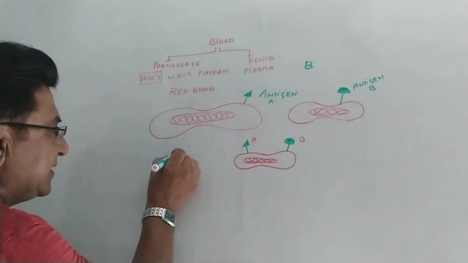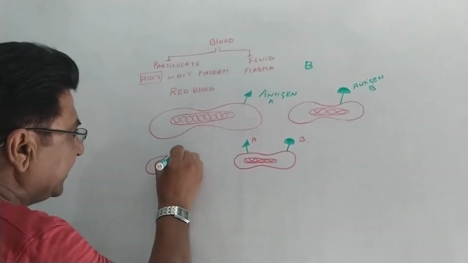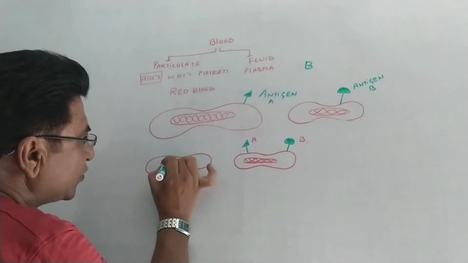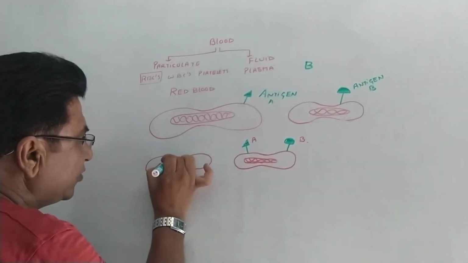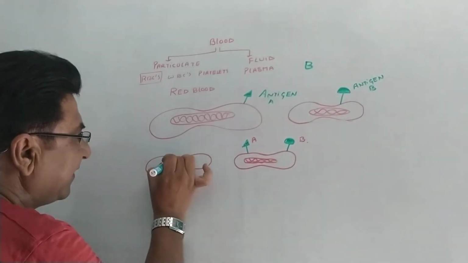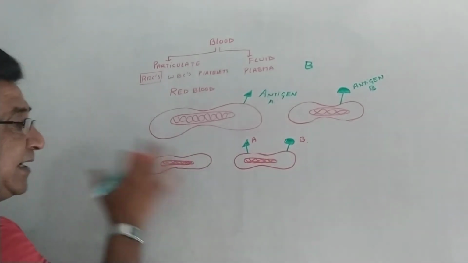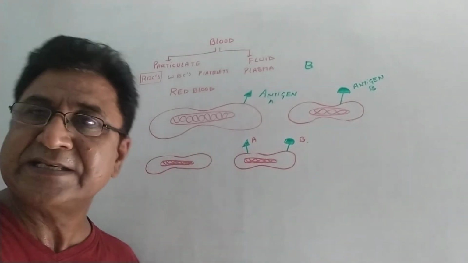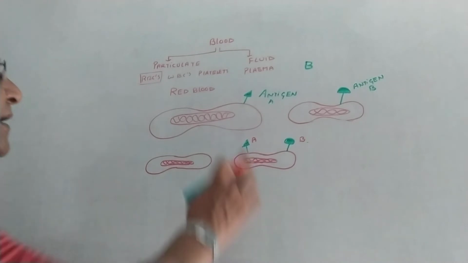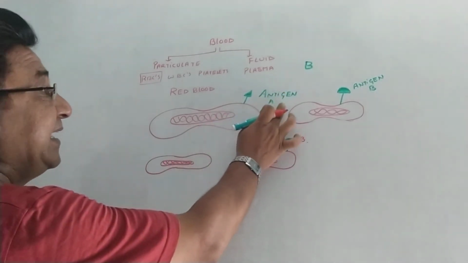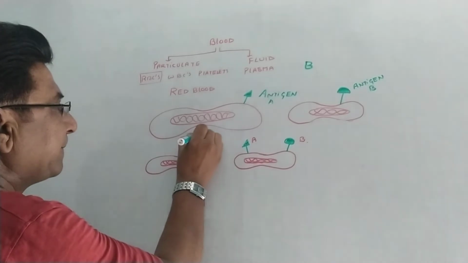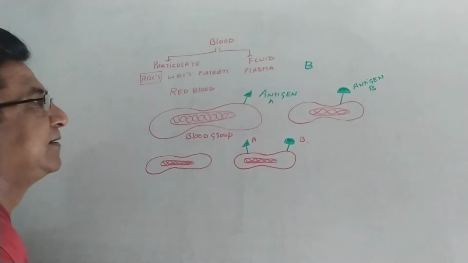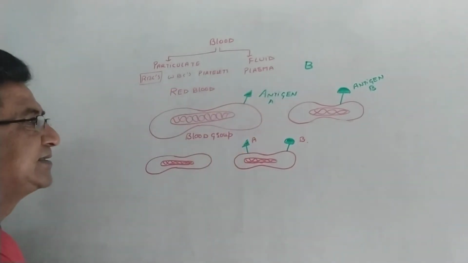And another RBC, which has 300 million hemoglobin pigments. Remember that. This RBC has no antigen present over it. There are 4 RBCs, so 4 kinds of blood groups. The blood group having antigen A is blood group A. We can find it by the triangular antigen present on the surface of the RBC.